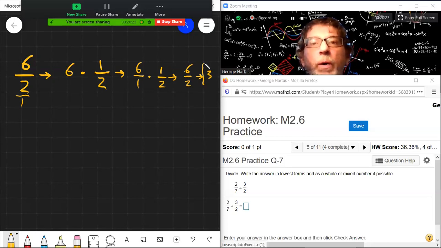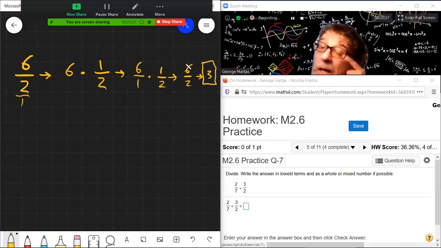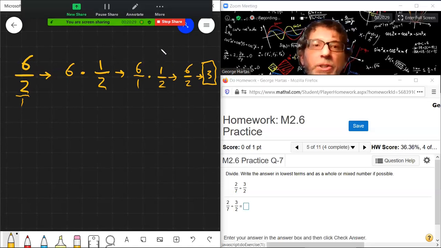Well, we knew that way back here, the answer is 3. But the point is, I just demonstrated to you that we changed division to multiplication by multiplying by the reciprocal of the denominator, of the divisor, okay?